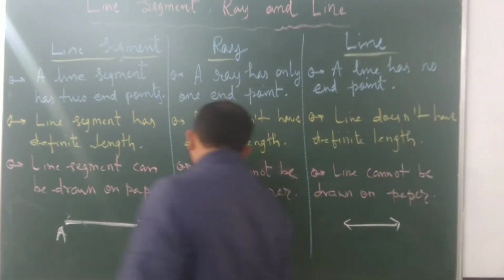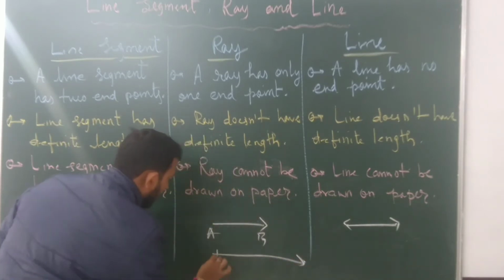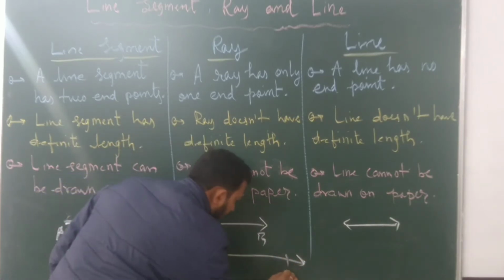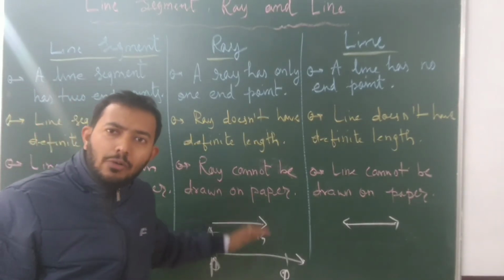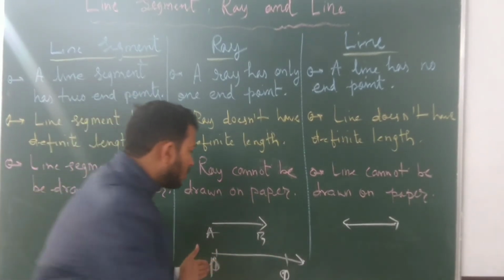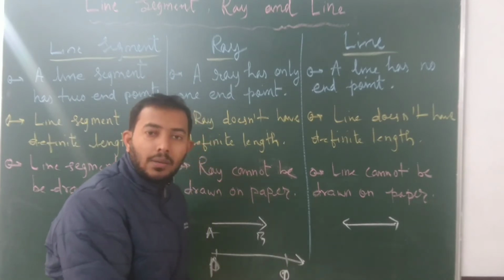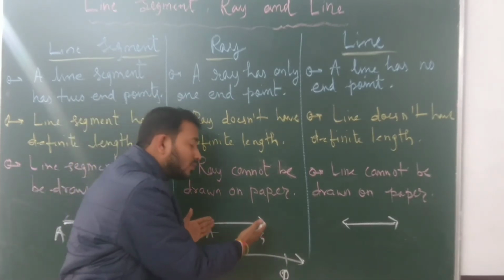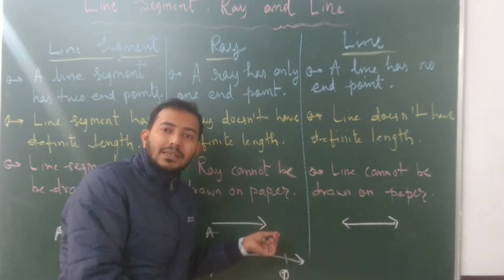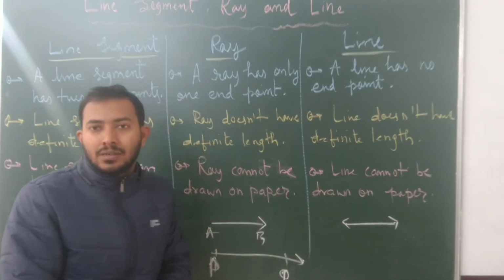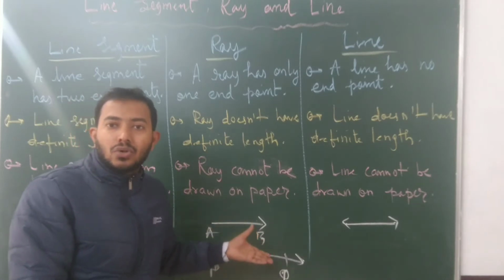Actually, if you take one more ray like this one, it will say PQ. And if I ask you which is bigger, you cannot say. Why? Because you cannot measure it. If you say that, sir, it is quite bigger in size. As you can see, we have just taken AB and it's extending indefinitely. We are just keeping it as a presentation. You cannot draw it on a paper.